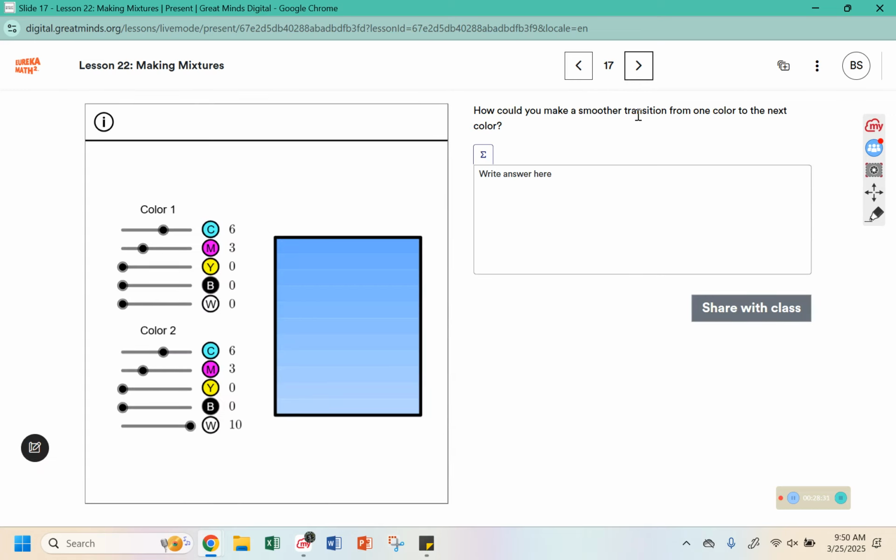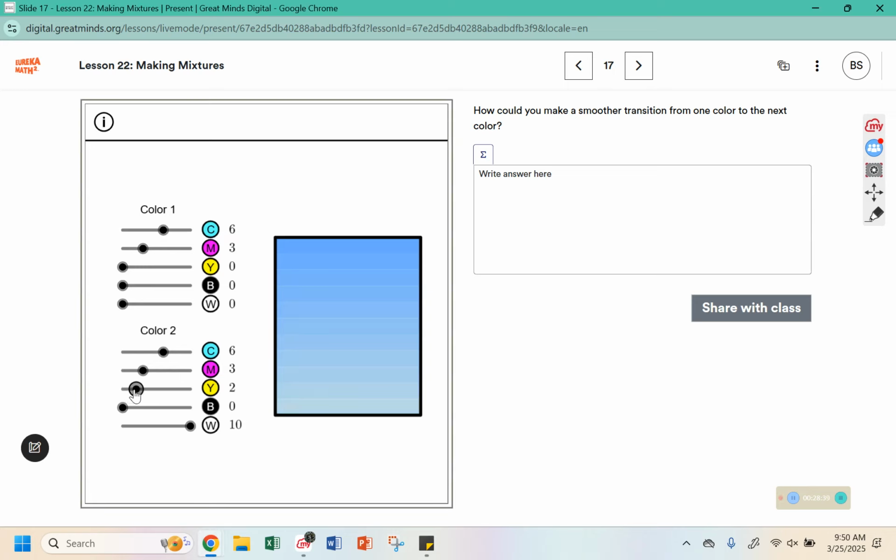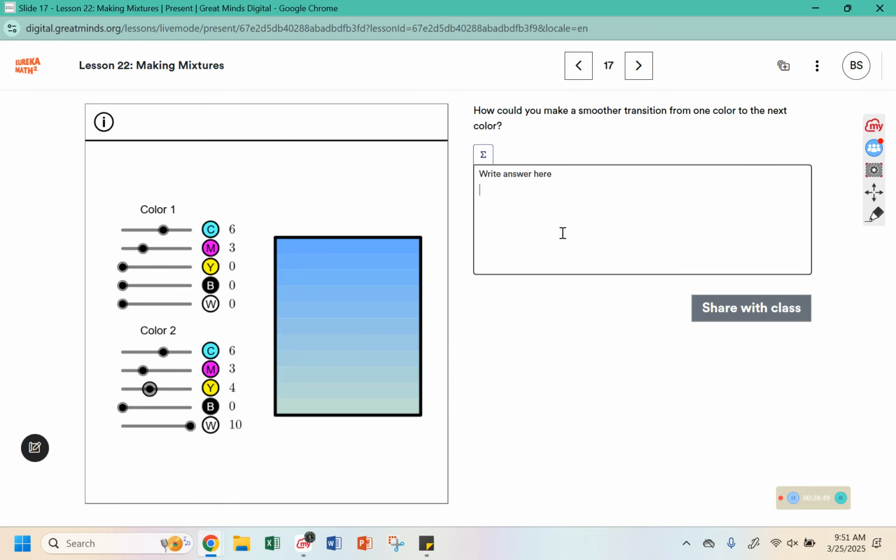How can you make a smoother transition from one color to the next color? We may be able to slowly add in yellow or expand our gradient to include more steps along the way.